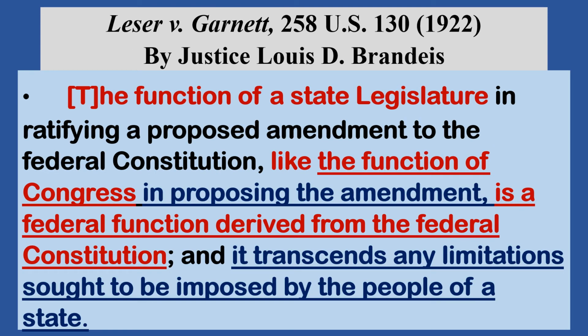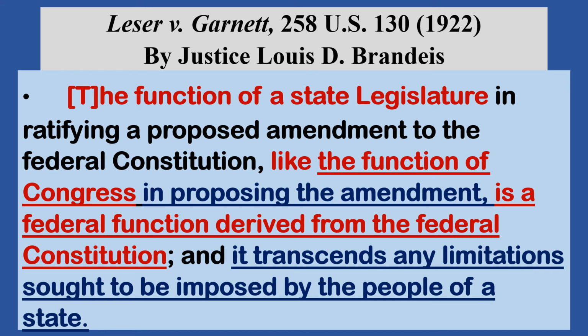The next case is Lesser versus Garnett in 1922. In this case, there was a challenge to the 19th Amendment granting women the right to vote, on the claim that because this extended the right to vote as much as it did, it required the states' consent.